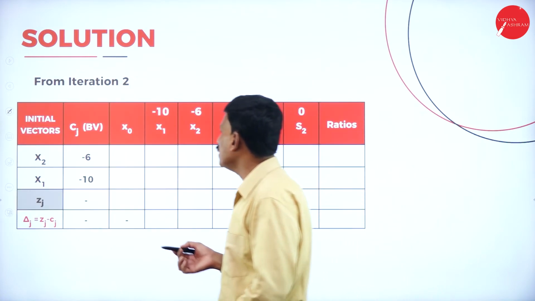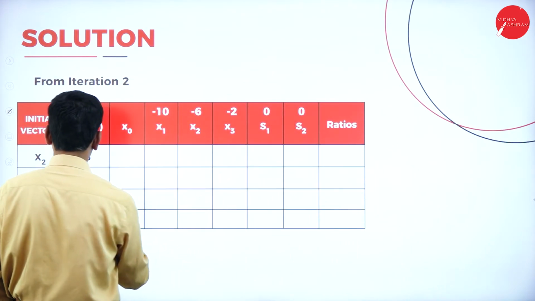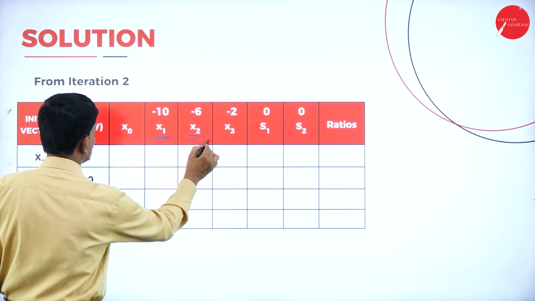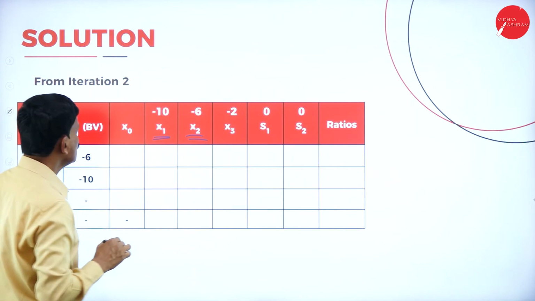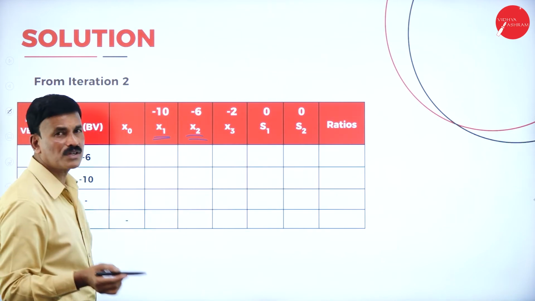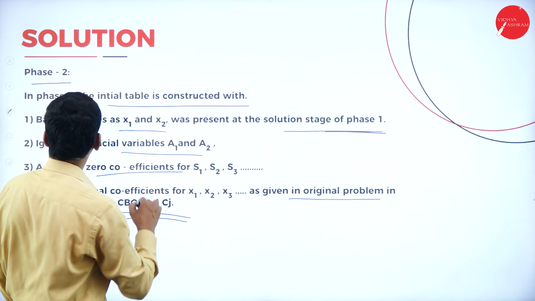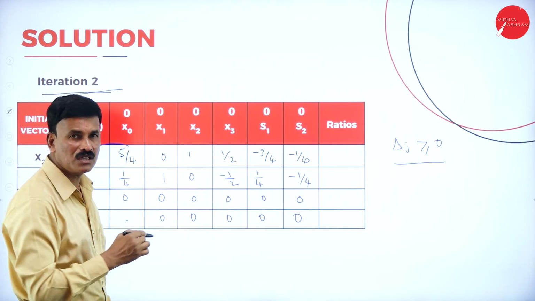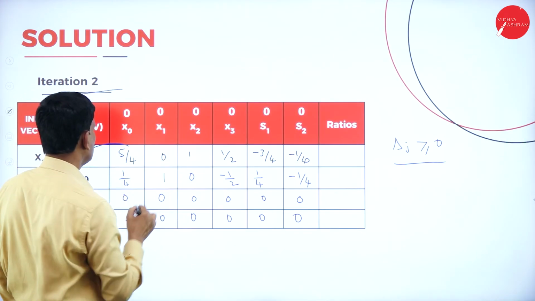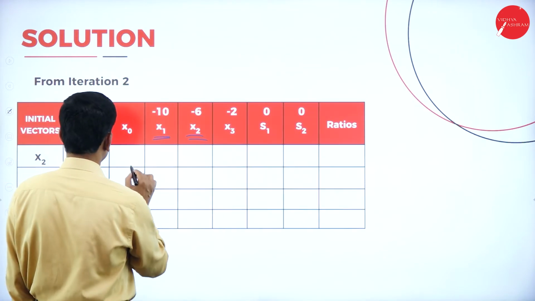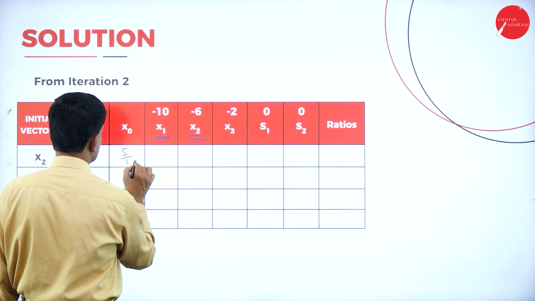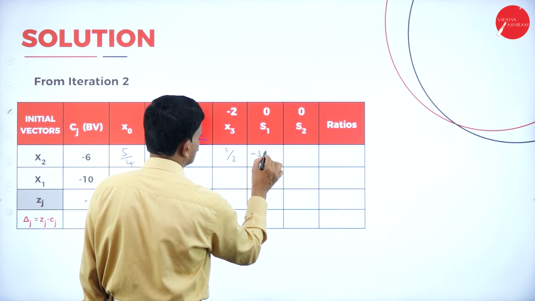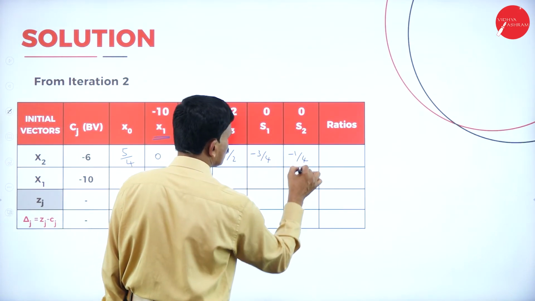In the next table, write down the coefficients of x1 and x2. The coefficient of x1 is minus 10 and the coefficient of x2 is minus 6. The values for this are from the initial table, that is from table number 2, iteration number 2. So the same values I am going to take. 5 by 4, 0, 1, 1 by 2, minus 3 by 4 and minus 1 by 4.